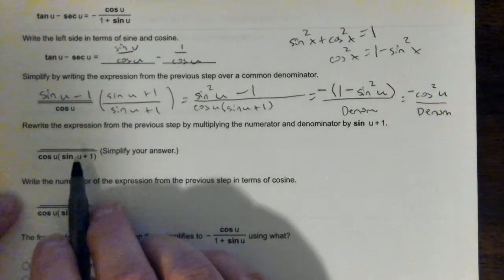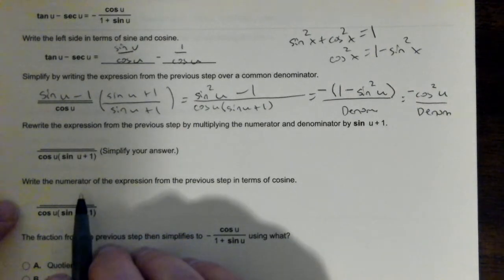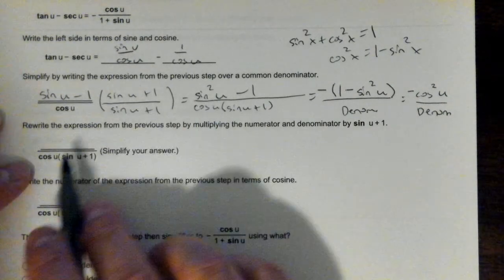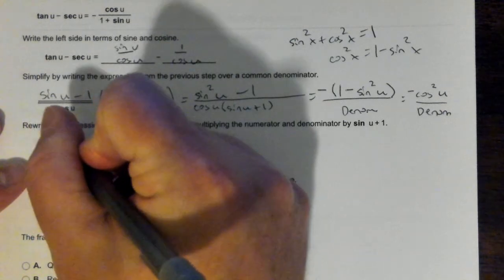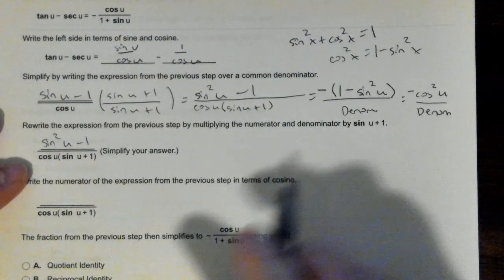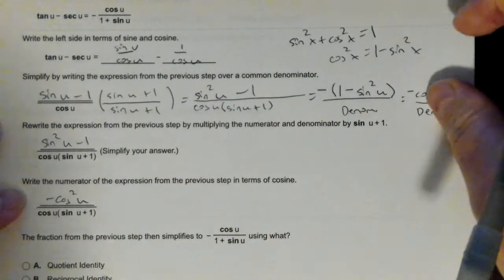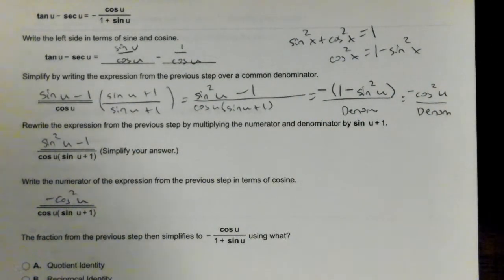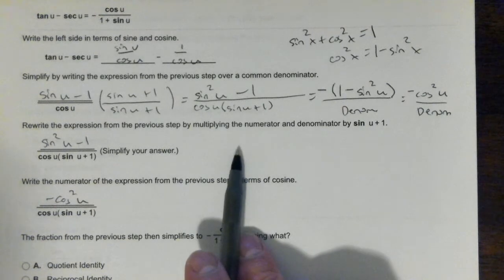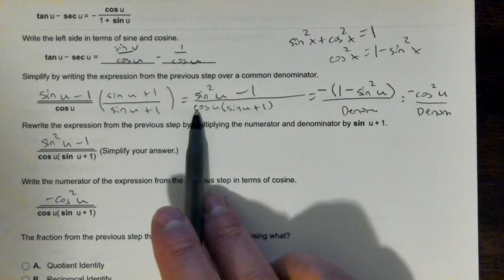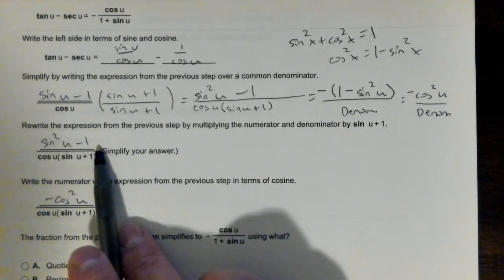And that's what they want. Well, this one was sine squared u minus 1, and this one is negative cosine squared u. So after we multiplied it, that's what we get.